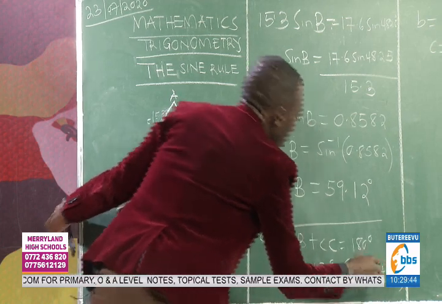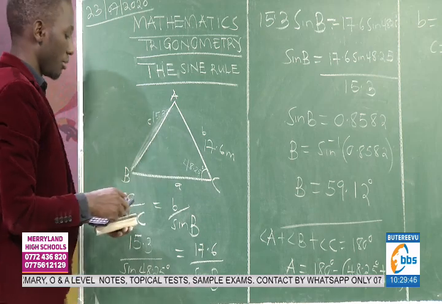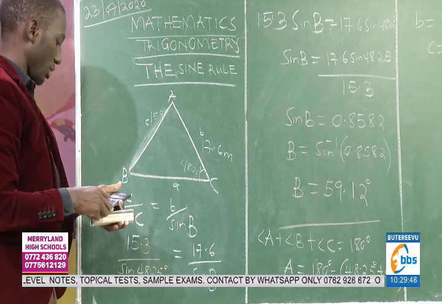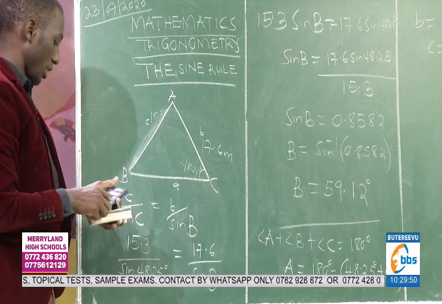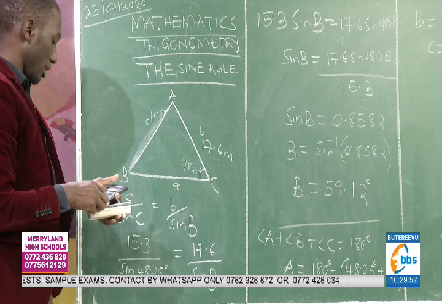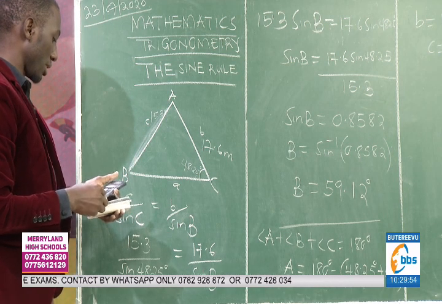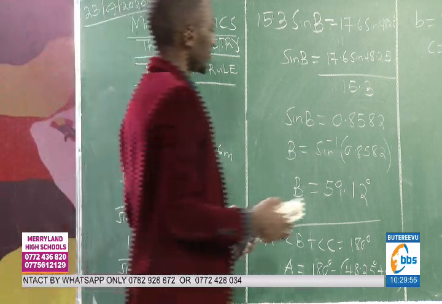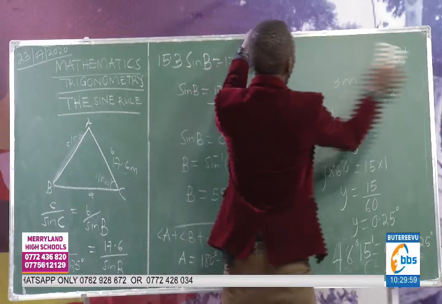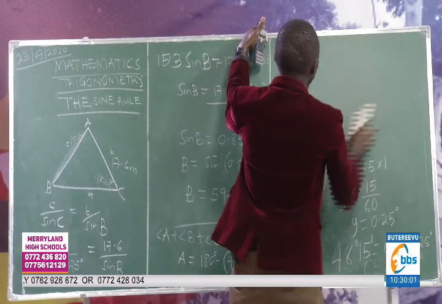So just add this, and subtract from 180. So 59.12 plus 48.25, then 180 minus that. So I'll get my answer of angle A at 72.6.